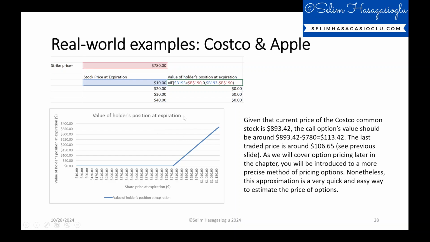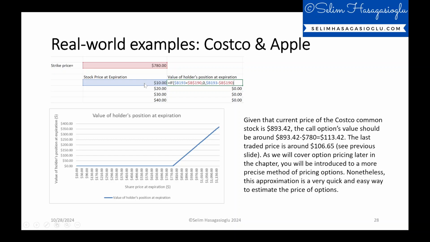So here we can create the plot in Excel very easily. Just look at the stock price at expiration, and we have the strike price of $780. Then you can enter this formula in the cell by using the IF function. This is for the value of the holder's position at expiration, because remember, this is a call option.